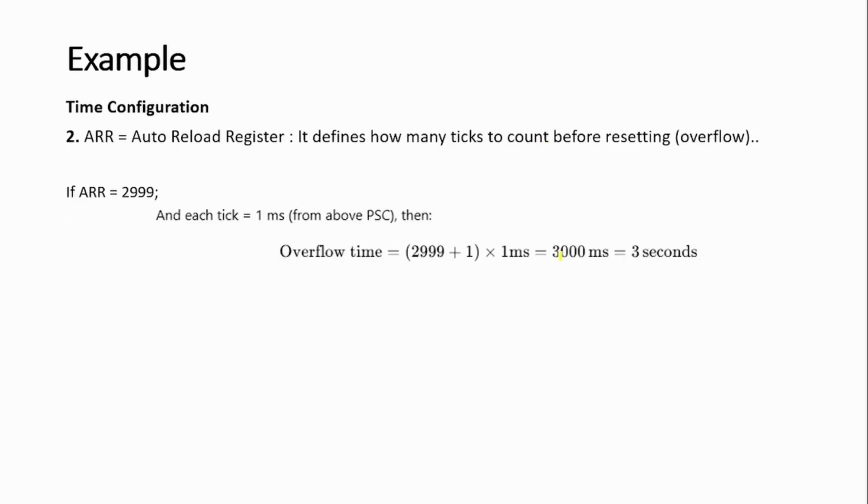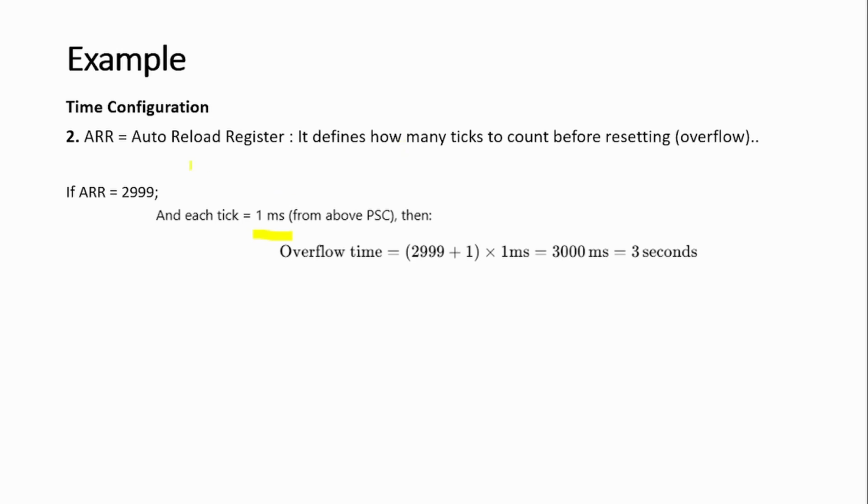And second is ARR. Based on our prescaler, one tick's time was 1 millisecond. Now using this ARR, you can overflow your timer exactly at 3 seconds. How? This ARR value defines how many ticks to count before resetting or overflowing, meaning after how many ticks you want the counter to overflow.